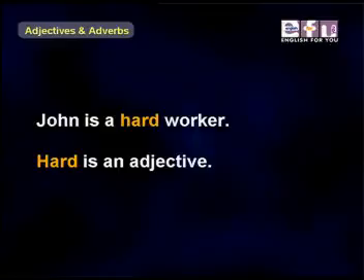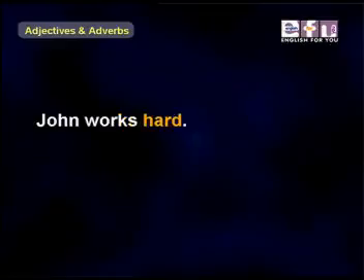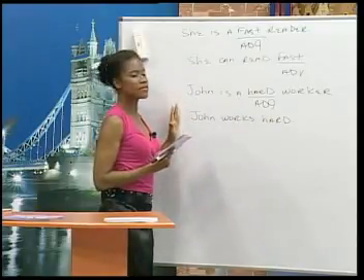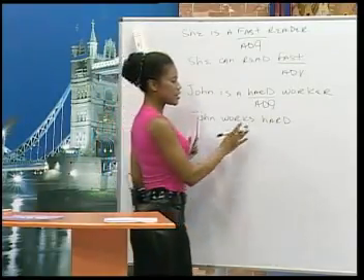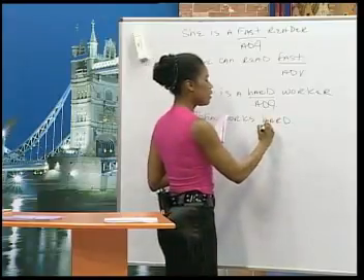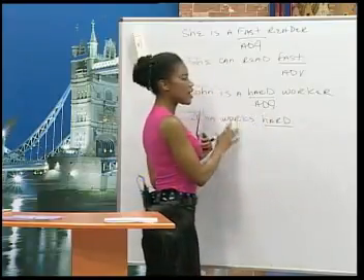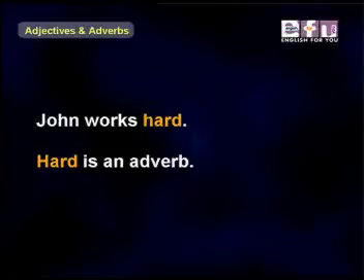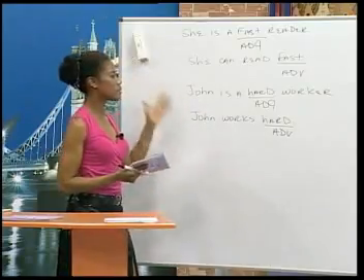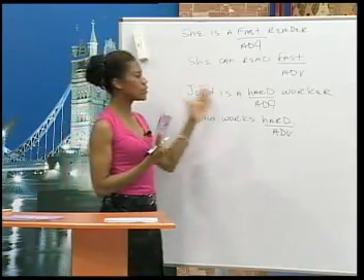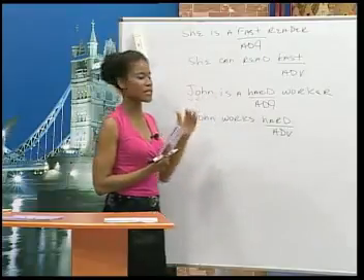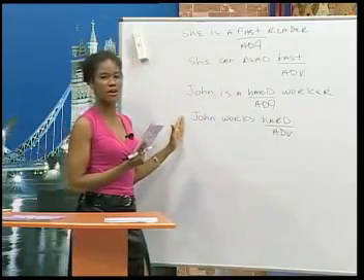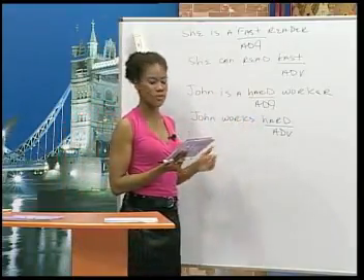But we can say, John works hard. Again, the sentences are saying the same thing. But in the second sentence, hard describes how John works, which is a verb. So in this sentence, hard is an adverb. So let's review. John is a hard worker, hard as an adjective. John works hard, hard as an adverb.